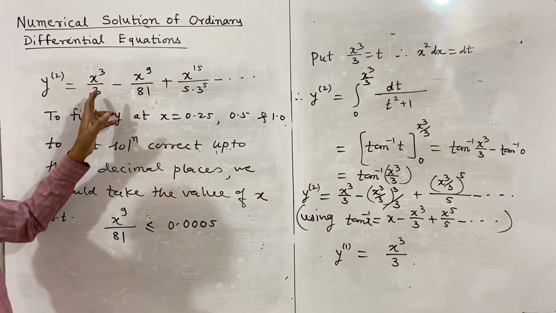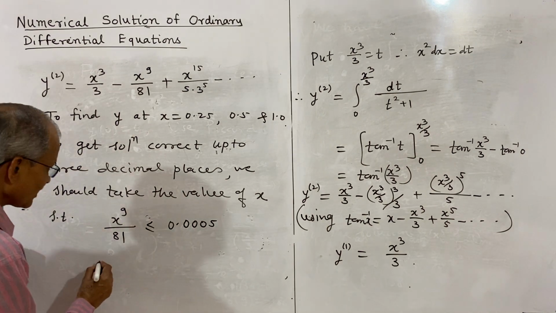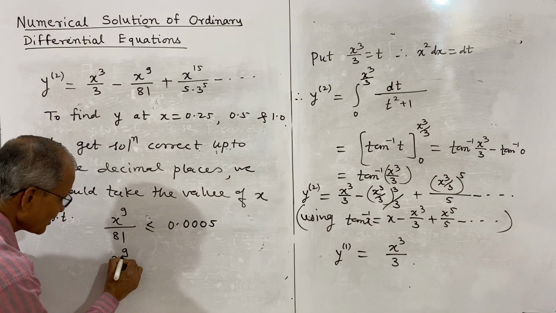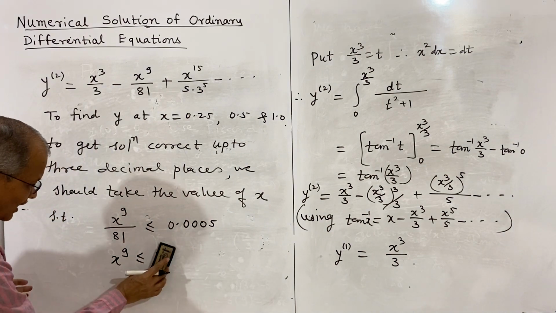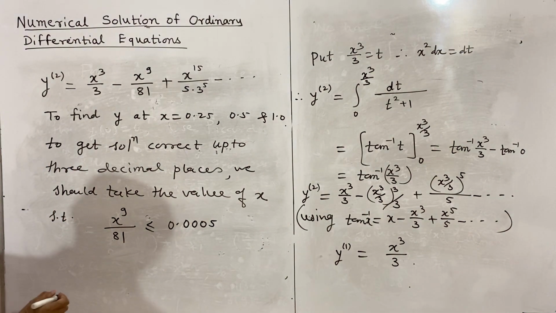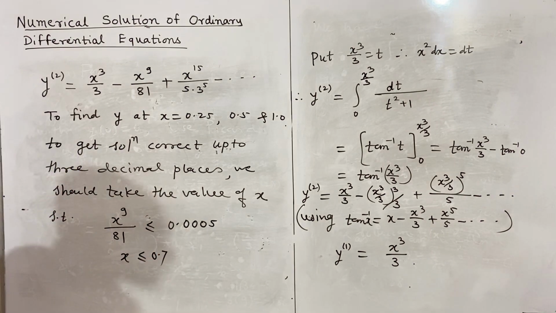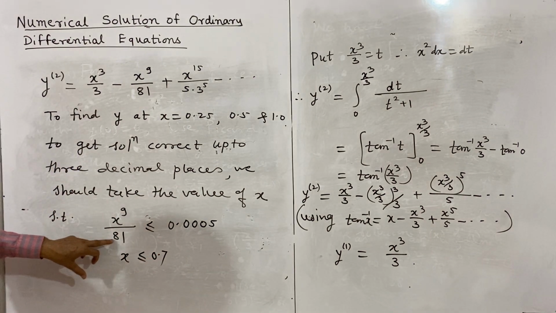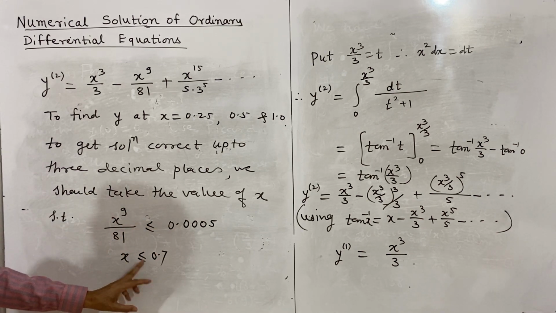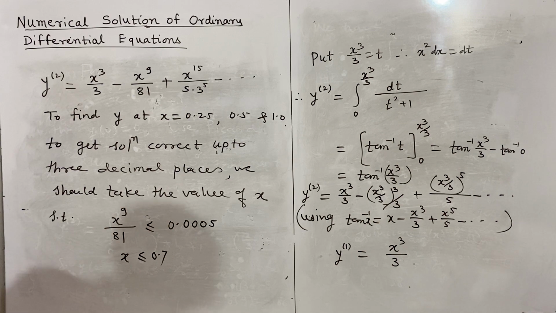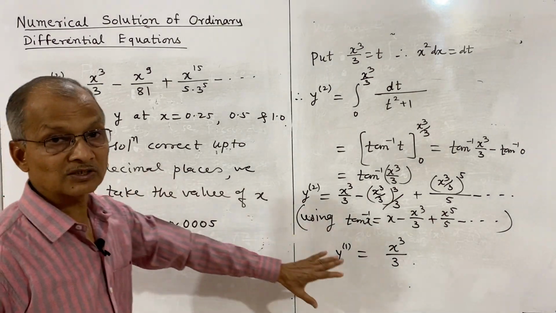Thus the solution will be correct up to 3 decimal places. This gives x power 9 less than or equal to some value, which can be calculated from the calculator. You can verify this: we take the 9th root on both sides, and that gives x less than or equal to 0.7. This is the condition to get the solution from the first term.